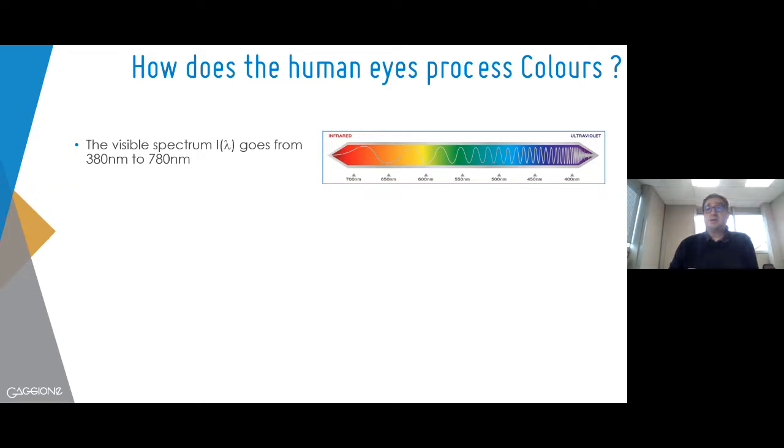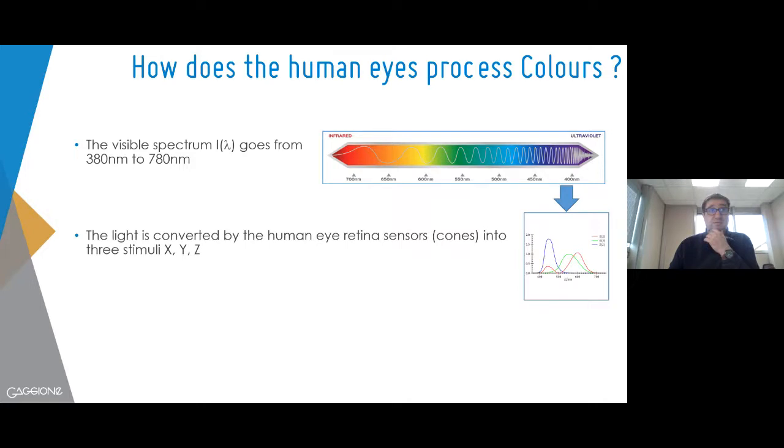Let's just go back for a while on how the human eye perceives colors. The visible spectrum goes from 380 nanometers to 780 nanometers, so it's between red and violet, before infrared and before ultraviolet.